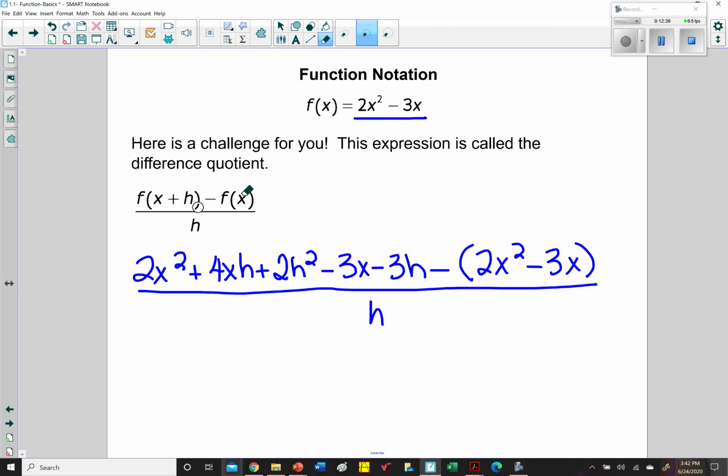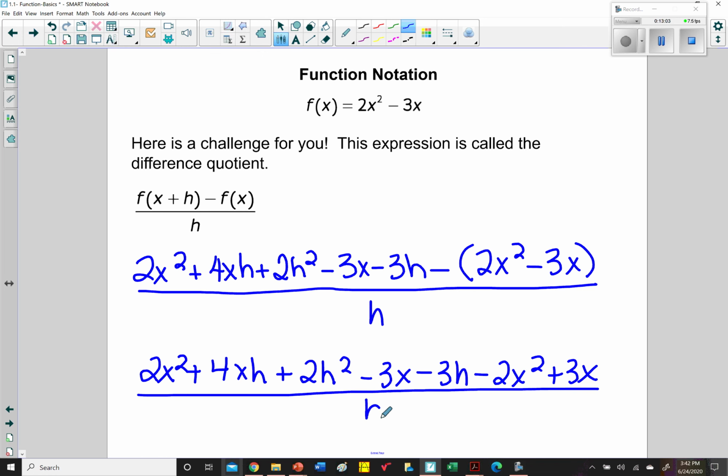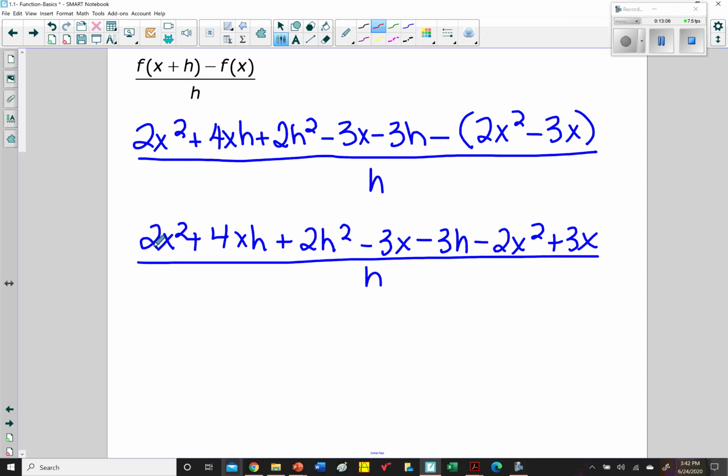And the difference quotient, we'll find, has many applications in calculus. Okay, so distributing here would give us a couple of terms that we could eliminate. So negative 2x squared and positive 3x, all divided by h, would eliminate the 2x squareds and the negative 3x.